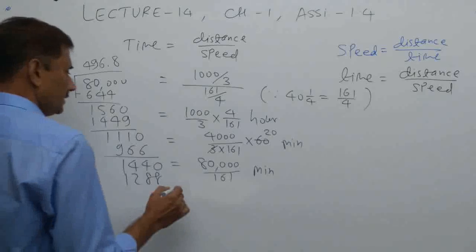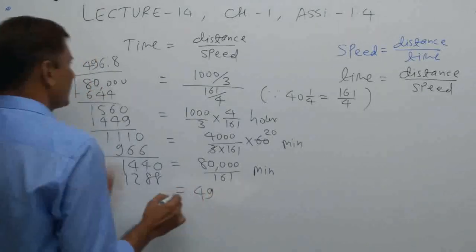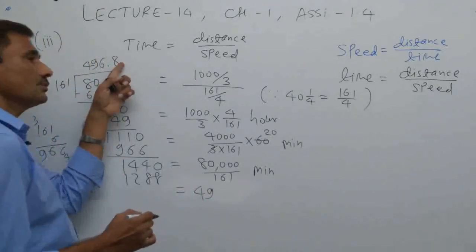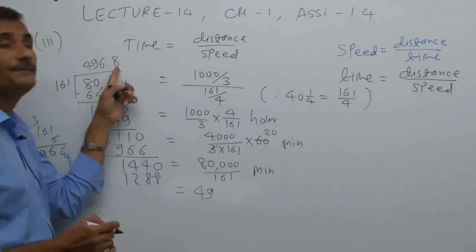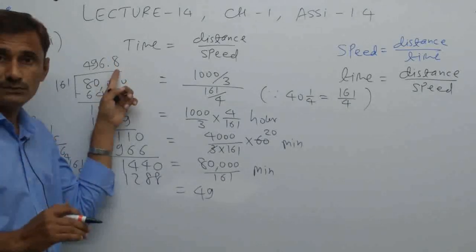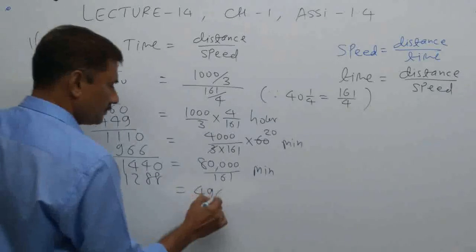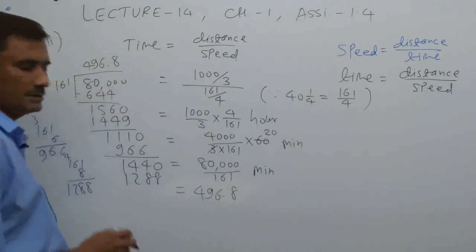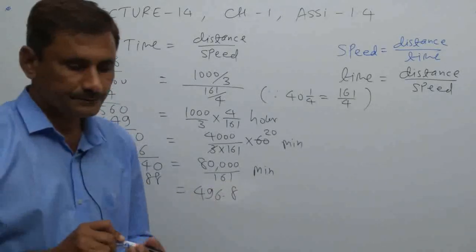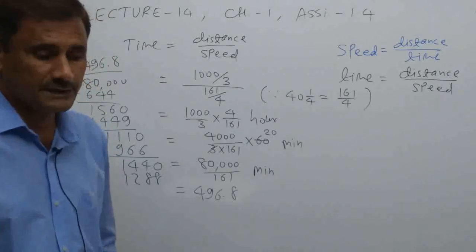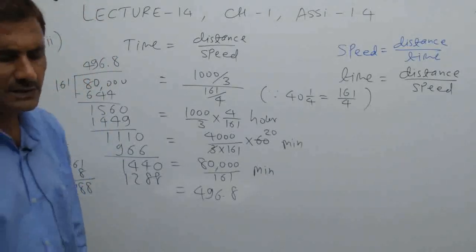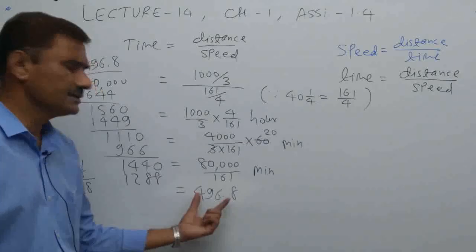Okay, even if you want to take another digit, you can, so that this can be rounded up also, but we just stop here for getting the option. So look there, 496.6 is given. Actually 496.8 is here.